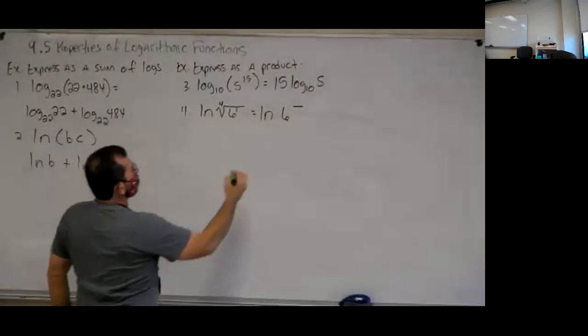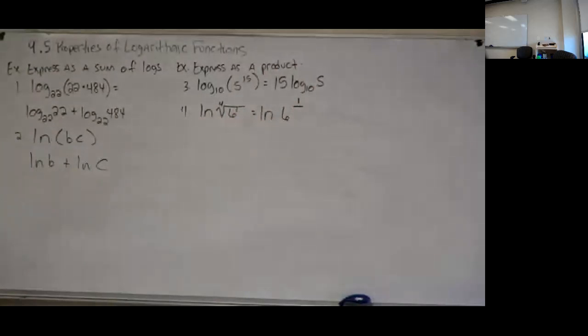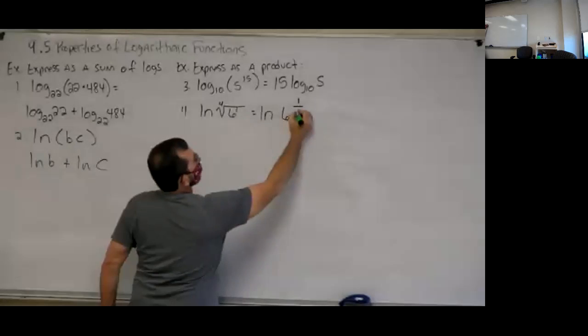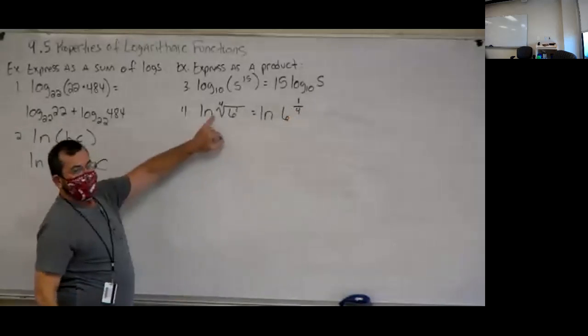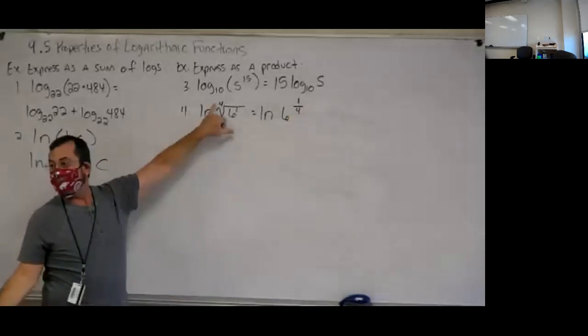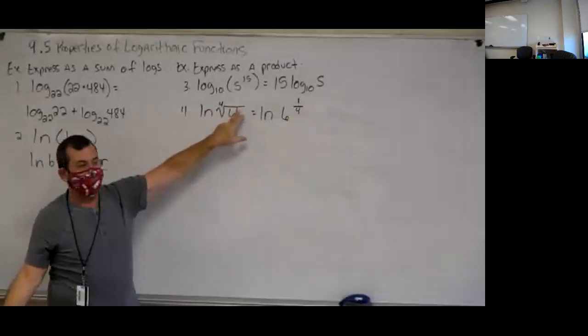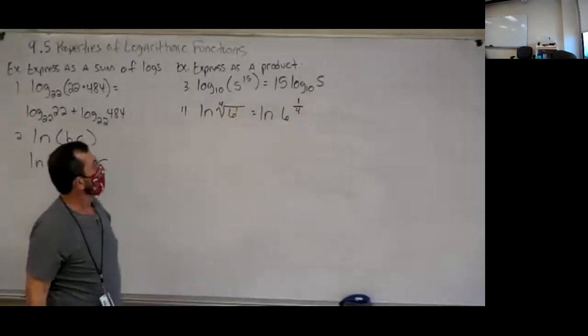So the top number on a radical, when you rewrite it as a fraction, is going to be a 1. The bottom of that fraction is the index of that radical, which is the 4. So to rewrite a radical as a fractional exponent, it's just 1 over whatever that index is, unless you've got another exponent sitting by that number down here, okay?